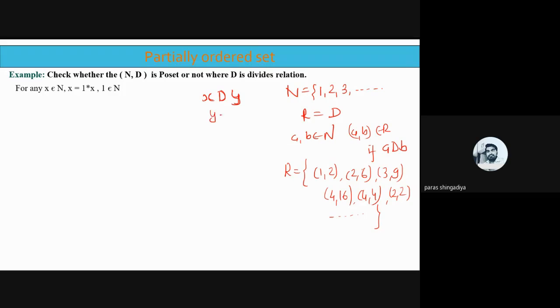You can write y = mx, where m belongs to the natural numbers. If I consider 2 divides 6, here x is equal to 2 and y is equal to 6. You can write 6 = 3 times 2, and this 3 is called m, which belongs to the natural numbers.